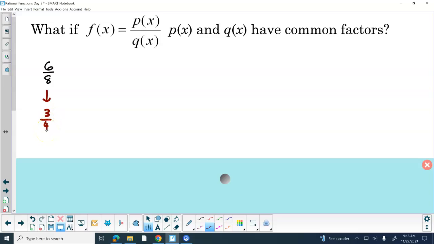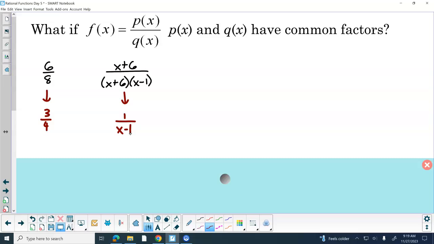So 2 would be a common factor there. If we had something like x plus 6 over x plus 6 times x minus 1, then the x plus 6 would be a common factor, and we could reduce this to be 1 over x minus 1.